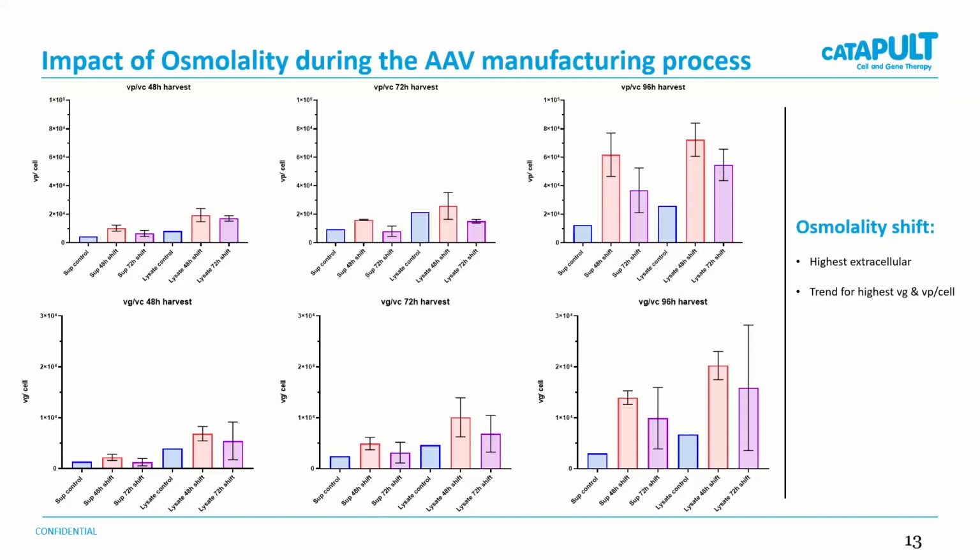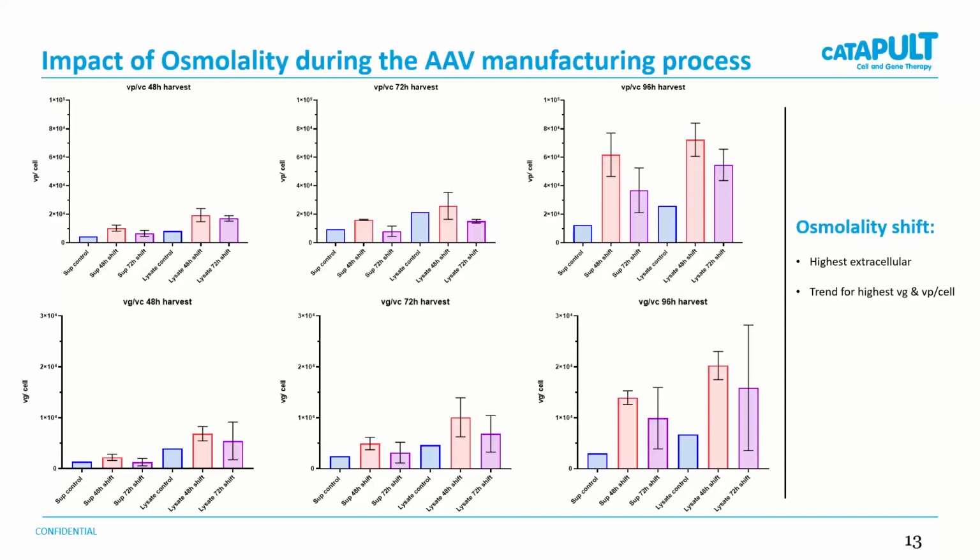You can see the same color code on those graphs and the following slide. In blue, it will be the control. In red, the conditions that had a shift at 48 hours post-transfection. And in purple, the conditions that had a shift at 72 hours post-transfection.